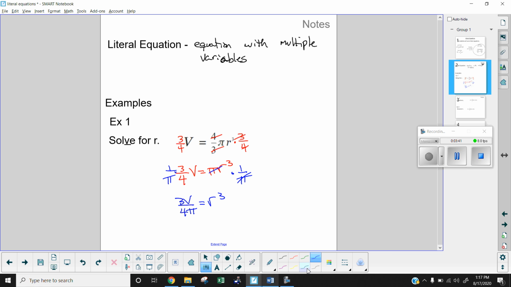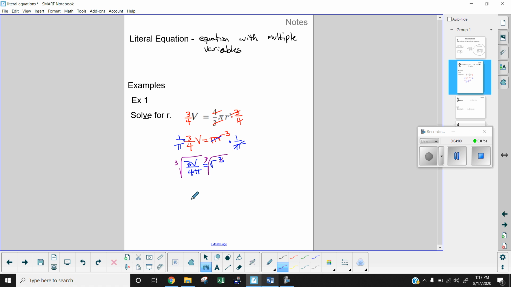Now the only thing I need to do is get rid of this exponent of cubed. And that begs the question, what undoes cubing? That, in fact, is cube rooting. So I will cube root both sides, and that will cancel the cubing, which then gives me r equals the cube root of 3 times the volume over 4 pi.